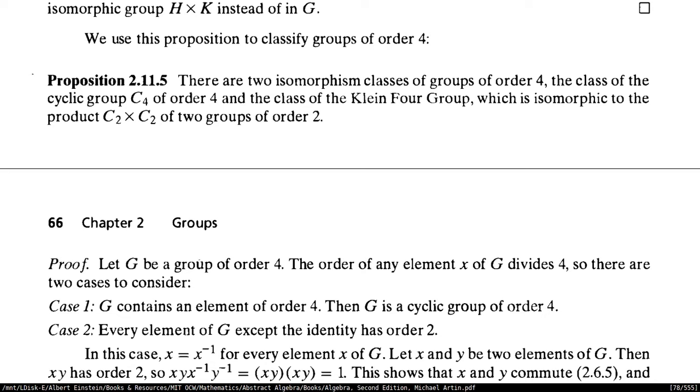So what you try to do is multiply these things: h, k, h inverse times k inverse. So you try to multiply the conjugates.